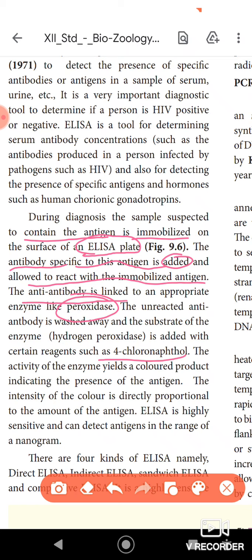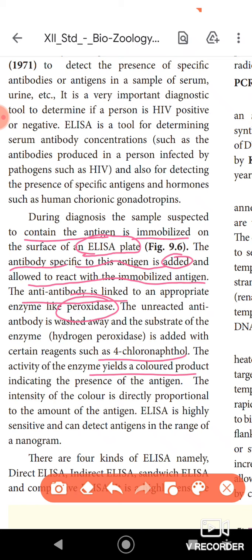Once it is added, that particular antibodies are combined with the antigen. Once the antigen is detected by the particular antibody, it starts to produce the color. It starts to produce a particular color. Based on the intensity of that color, if the color is very dark, we can understand more amount of pathogens are present in the particular sample.